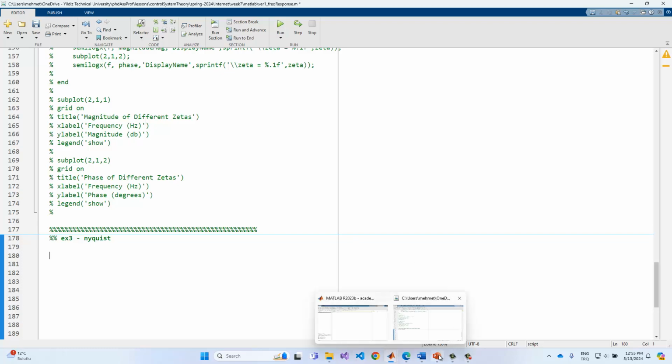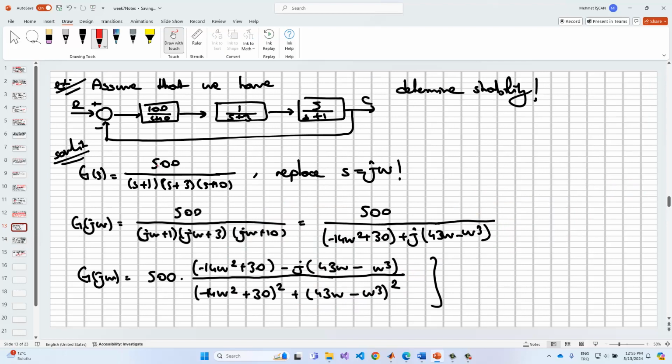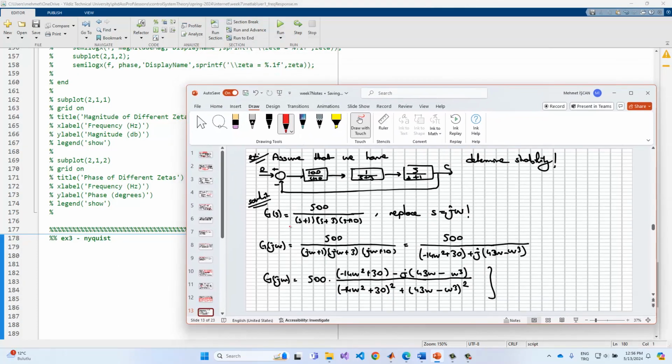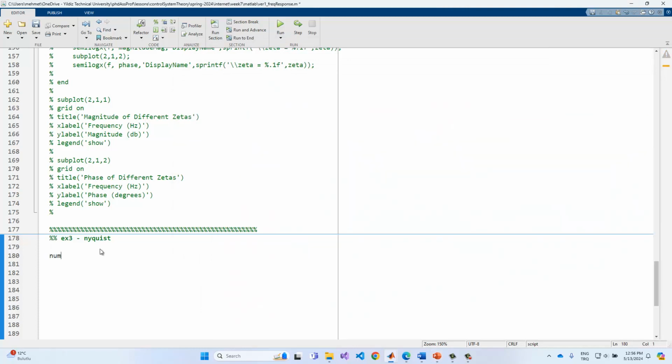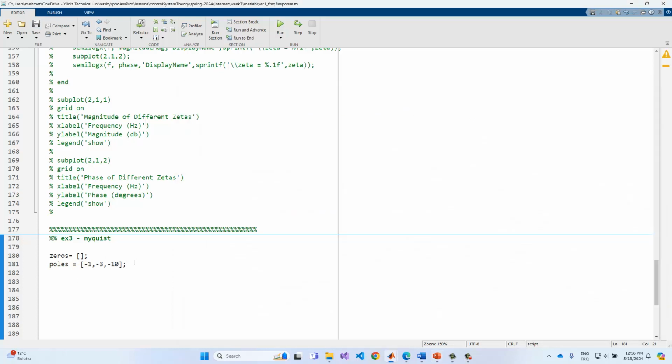For this system we have 500 over s plus 1, s plus 3 and s plus 10. The zeros are empty and the poles are -1, -3 and -10, and also the gain is equal to 500.